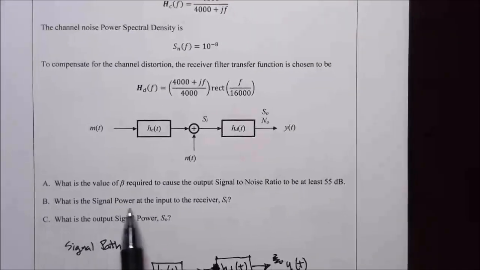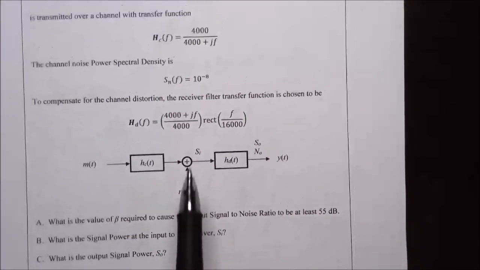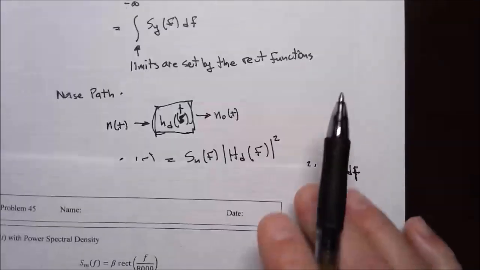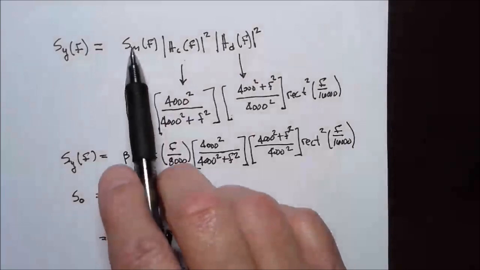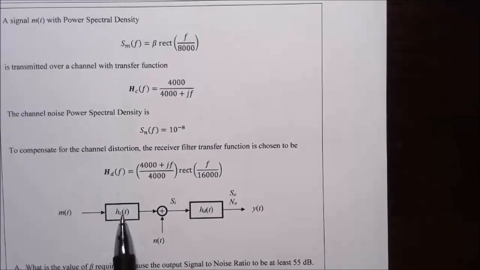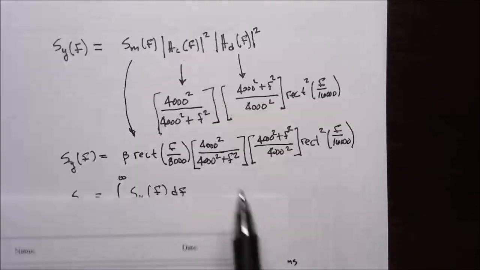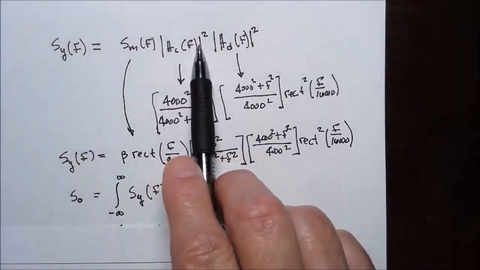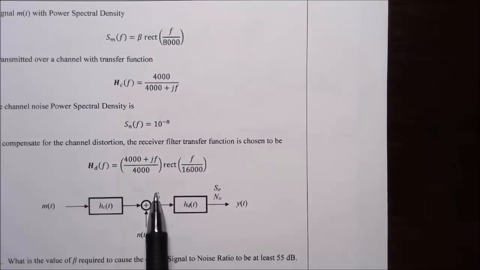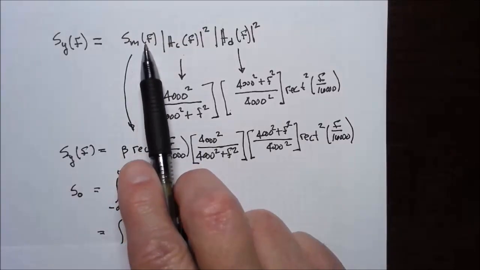The signal power at the input of the receiver, see, we've got the power spectral density of the message signal going into this first linear system, multiplied by the transfer function magnitude squared, and then integrate that term, which just would be this term and that term.